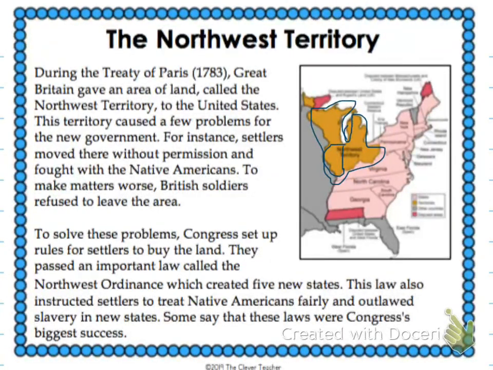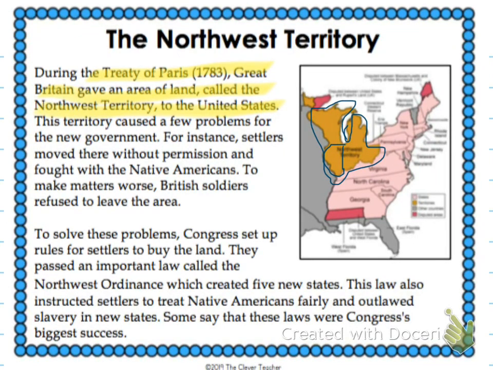Some say these laws were Congress's biggest success. Okay, so find your highlighter. Go back to the very top of where the paragraph begins, and we want to know that Great Britain, in the Treaty of Paris, gave an area of land called the Northwest Territory to the United States. So the United States got this land from Great Britain.